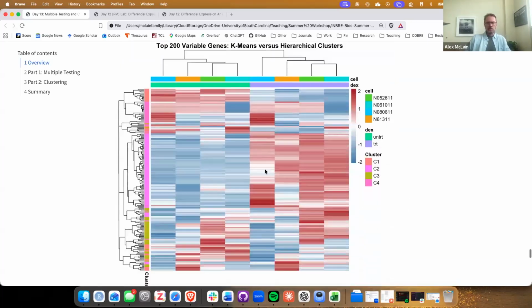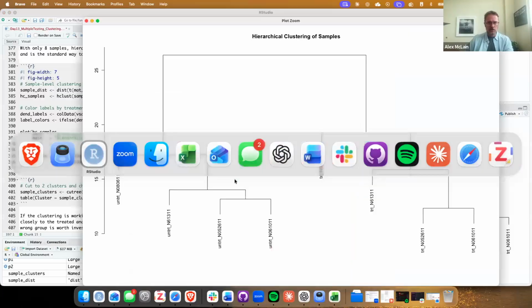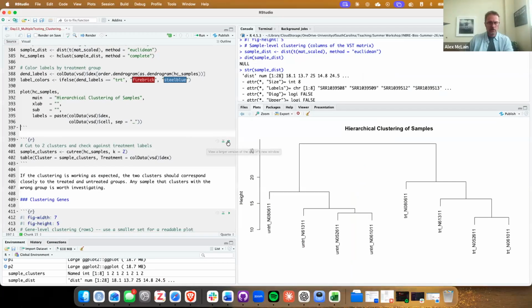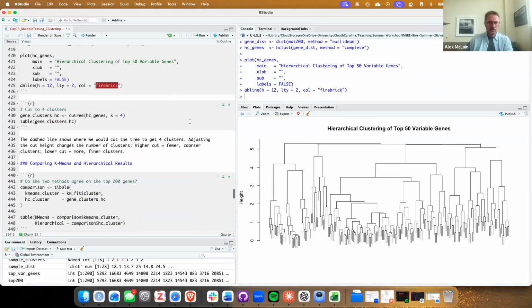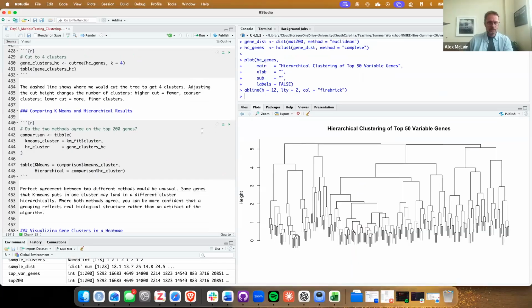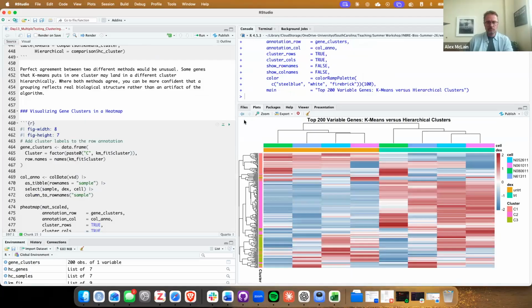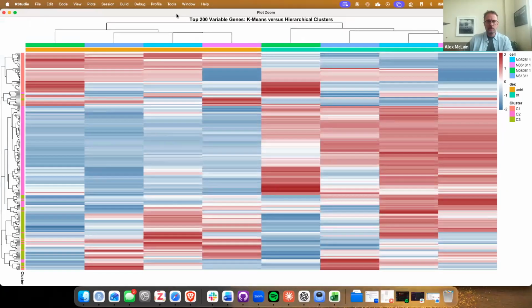So the heat map we looked at previously, I'm just going to run this in R so we can look at this a little bigger. I go down here. There we go. Okay.